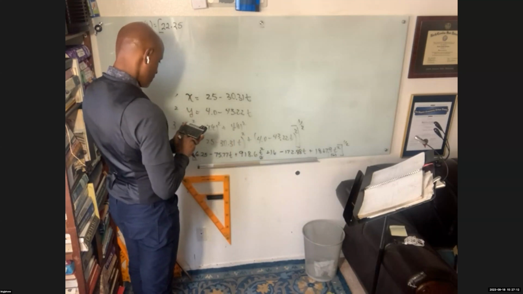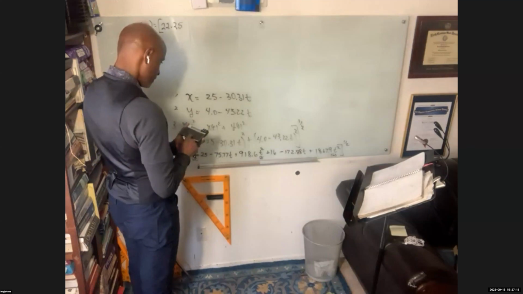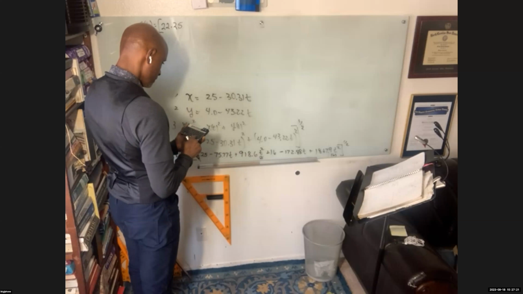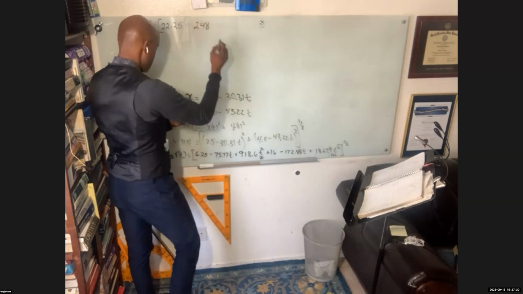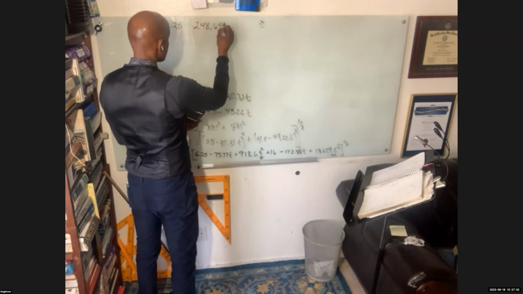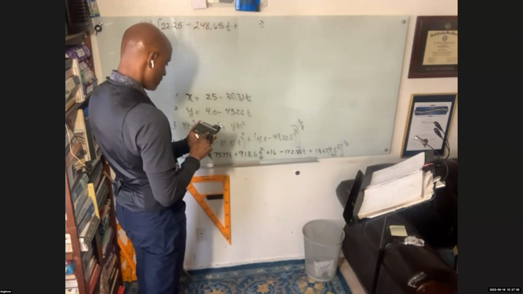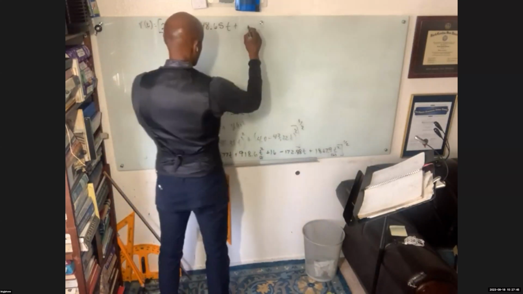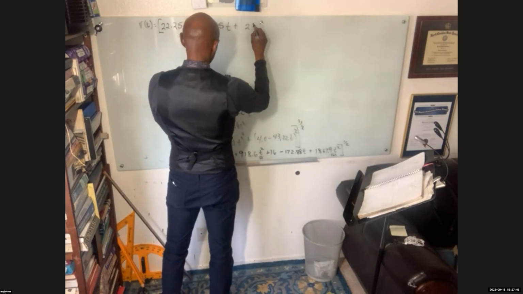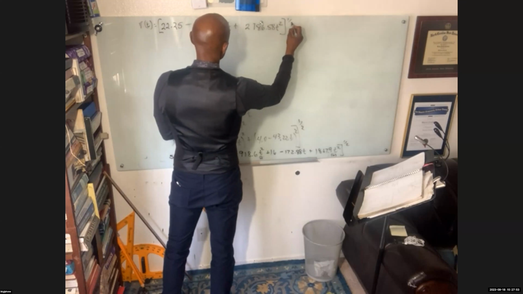The t terms, minus 48.65 times t, and then the plus something like 2786.58 t squared, all to the 1/2.